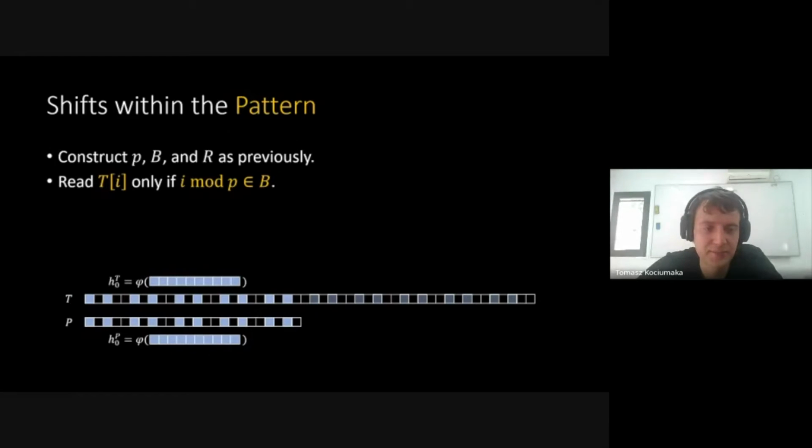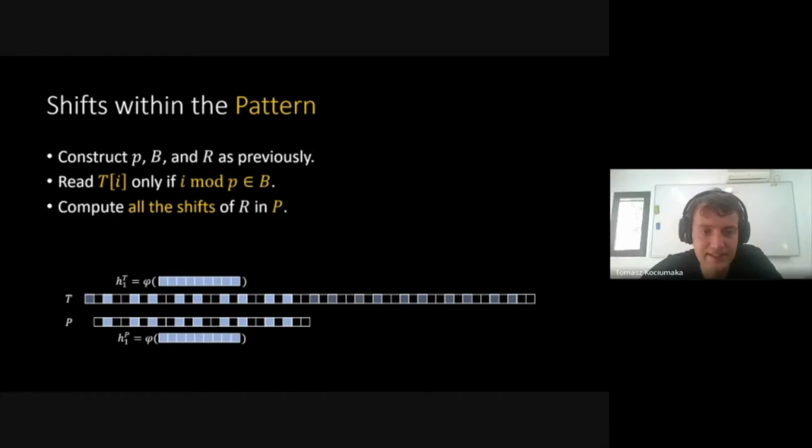And now, in order to advance from this offset 0 to the next offset 1, we will consider a different shift in the pattern. So now in the text, we just have a sliding window, and this is a sliding window over the sampled positions. When we shift by a single character to the next offset, maybe some sampled positions enter the sliding window, and some sampled positions leave the sliding window, and maybe not.